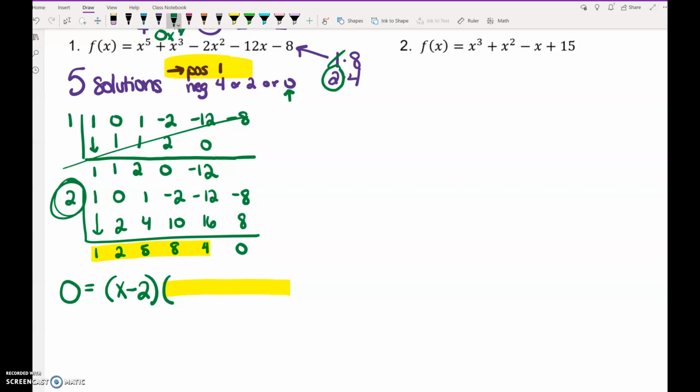Since we originally started with x to the 5th, and we've taken one of those x's out with this x minus 2, this 1 in our synthetic division refers to 1x to the 4th plus 2x to the 3rd plus 5x squared plus 8x plus 4.